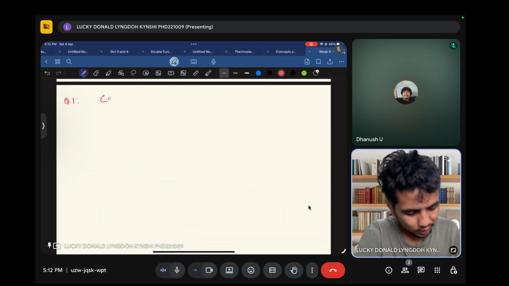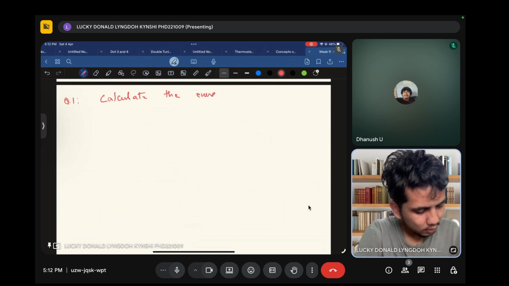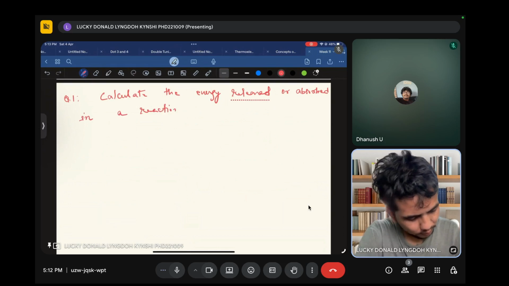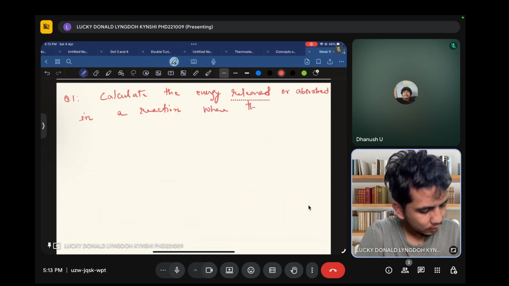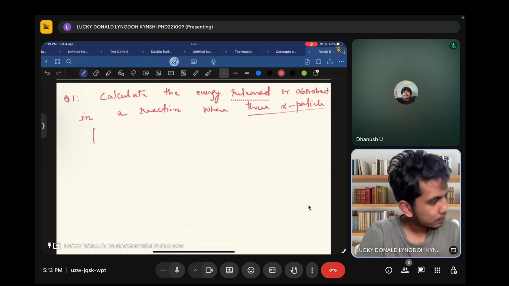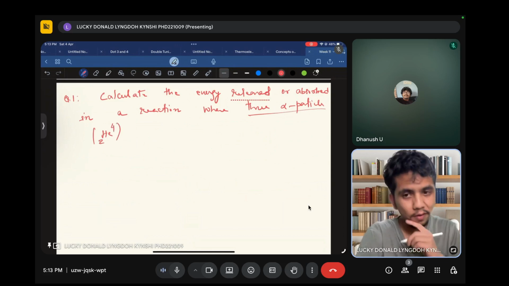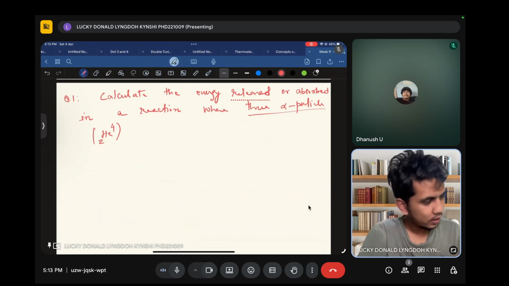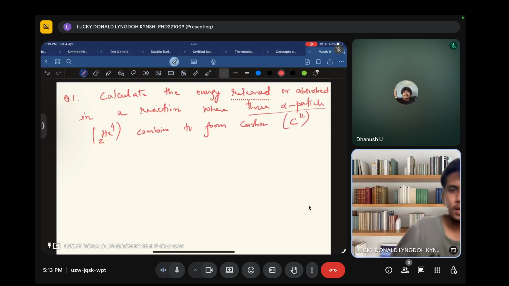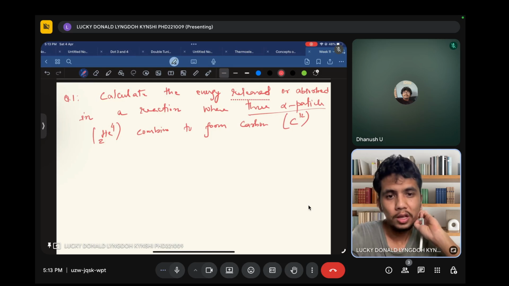What it says is: calculate the energy released or absorbed in a reaction where 3 alpha particles, remember this point, 3 alpha particles, He-4, this is an alpha particle, combine to form carbon-12. So this is a reaction in which if you add three alpha particles, you get a carbon.